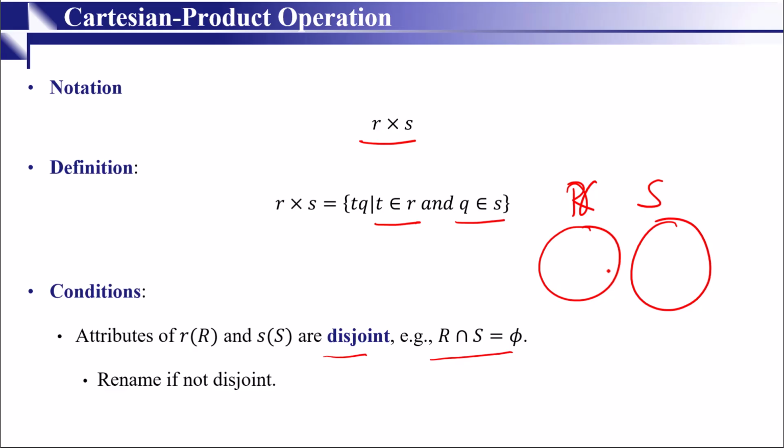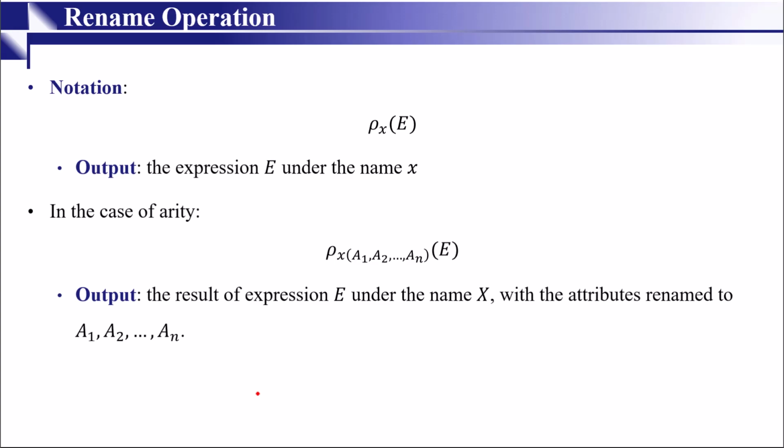If attributes of R and S are not disjoint, then we go for renaming them. What is rename? It lets us refer to the result of a relational algebra expression, so we can refer to a relation by more than one name. The output will be the expression E under the name X, a new name.